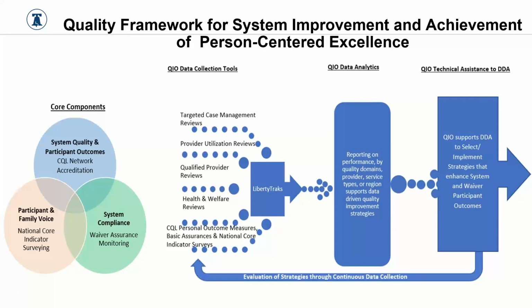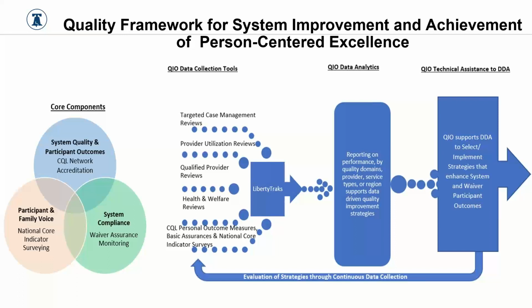All of this information will be pulled together. There will be analysis done for each review, but also in each type of review, but also across reviews, so that we can really look at and determine level of performance around specific quality domains, provider types, service types, even by region and demographics.